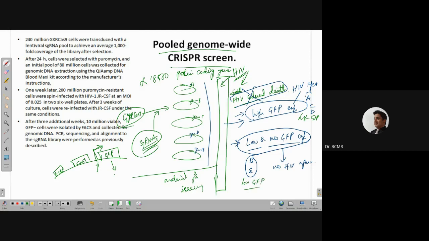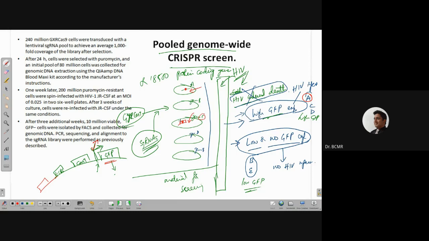What does that mean? Why is GFP high? It is because HIV infection has caused the expression or overexpression of GFP. That means in this cell you mutated gene A, and yet HIV is able to infect. That is what this means. What about C? The same thing. Even though there is a mutation in gene C, HIV is still able to infect.